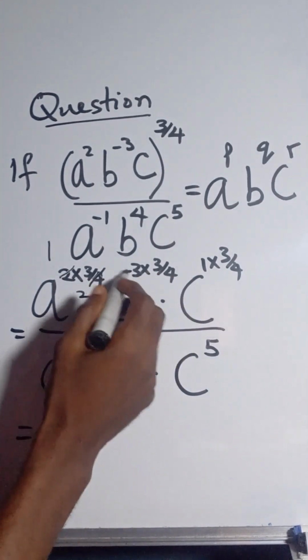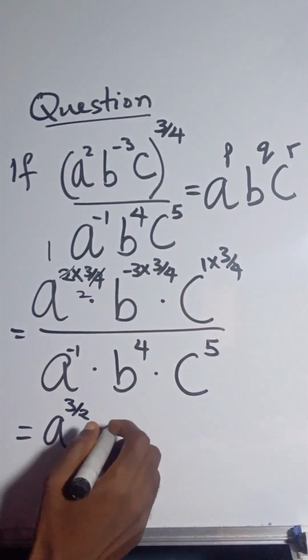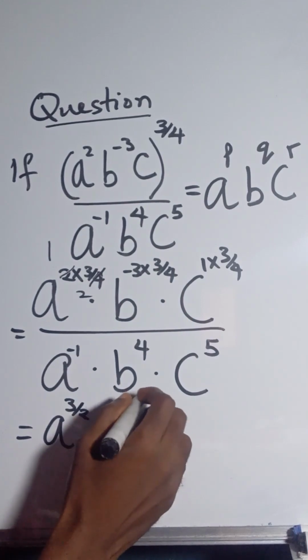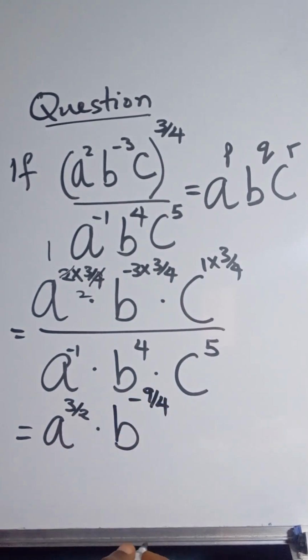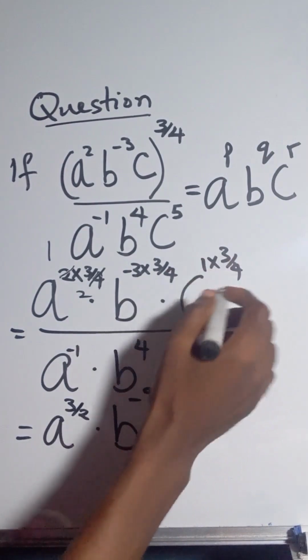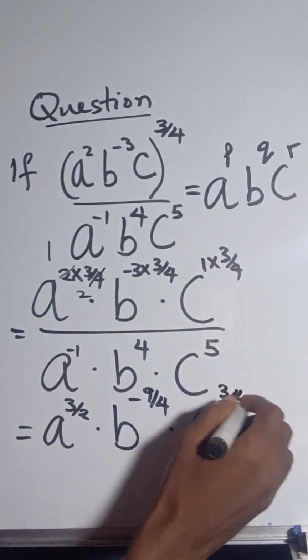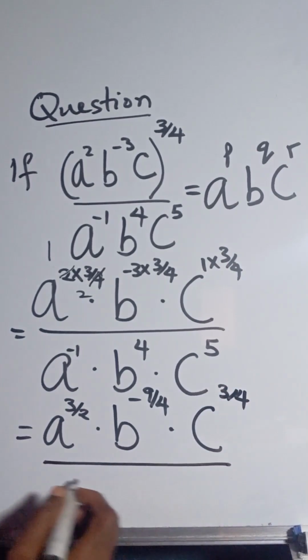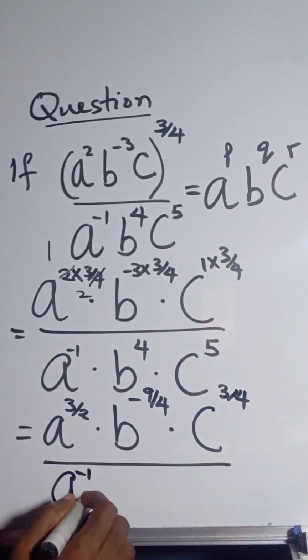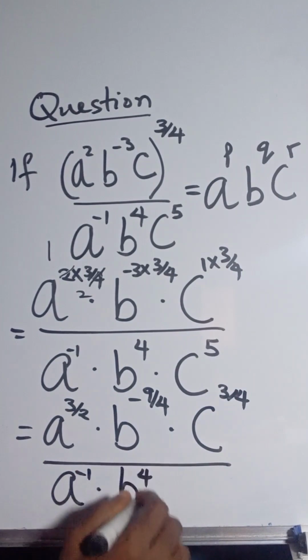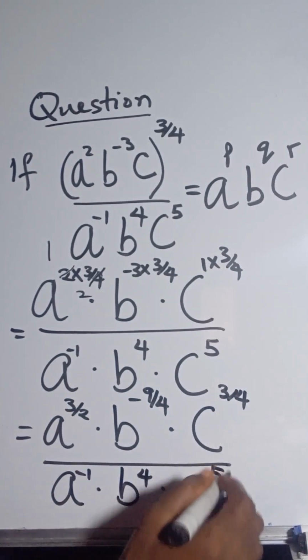For b, minus 3 times 3 gives b raised to power minus 9 over 4. And 1 times 3 over 4 is 3 over 4, so c raised to power 3 over 4. Divide by a raised to power minus 1 times b raised to power 4 times c raised to power 5.